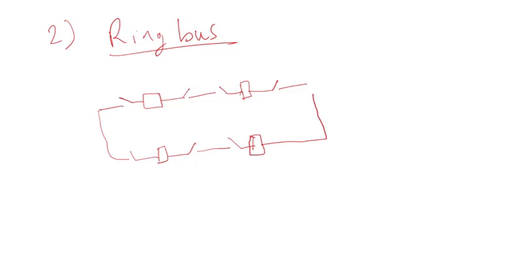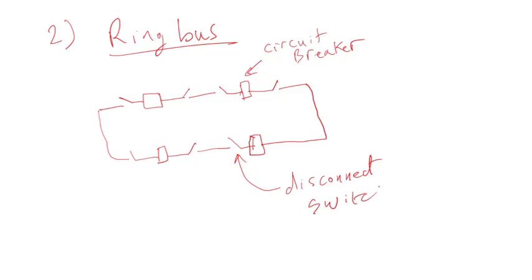The square is a breaker, a power circuit breaker, and this here is a disconnect switch. This could be a transmission substation, 130 kV and above: 345, 230, 500 kV.